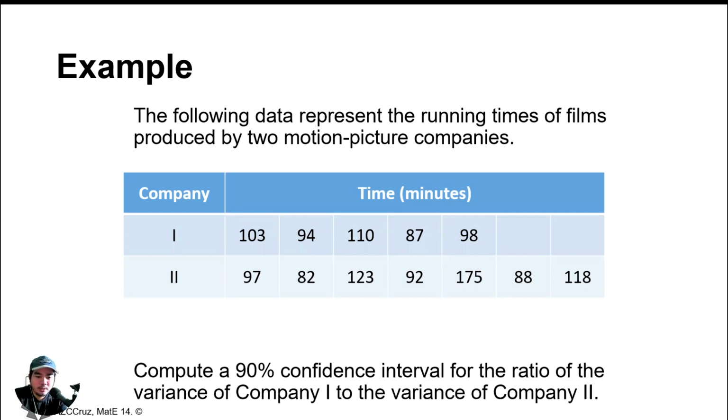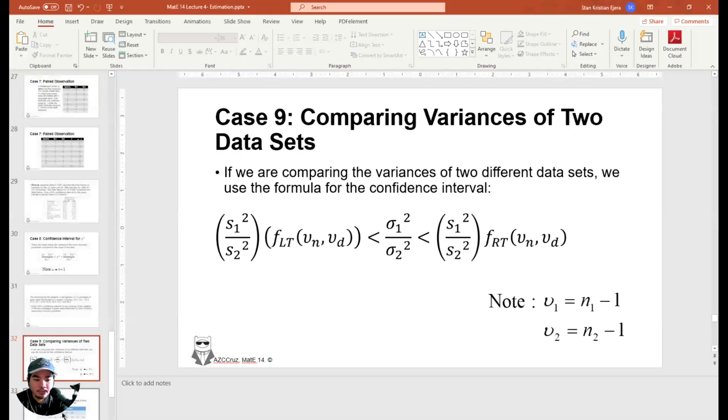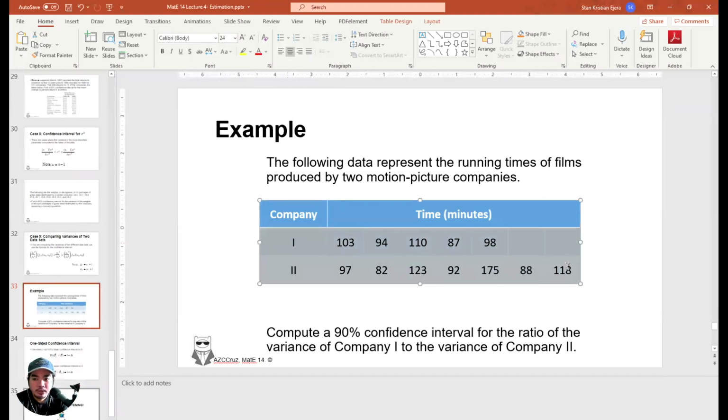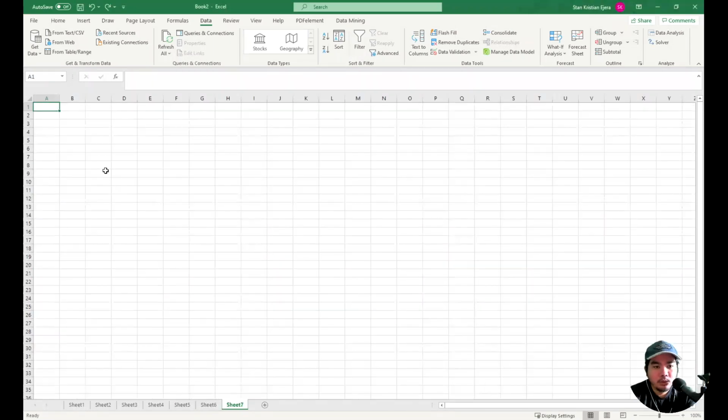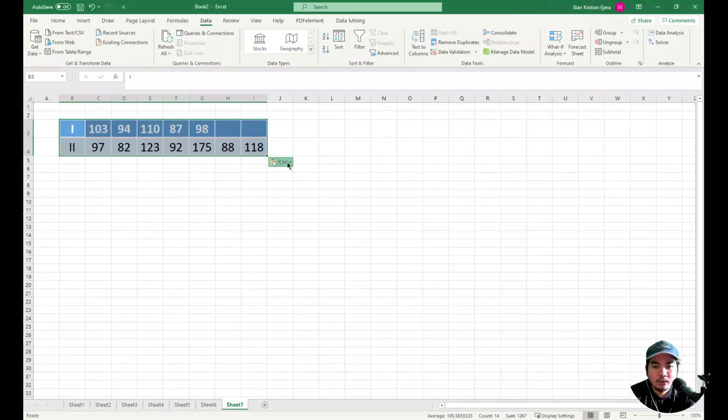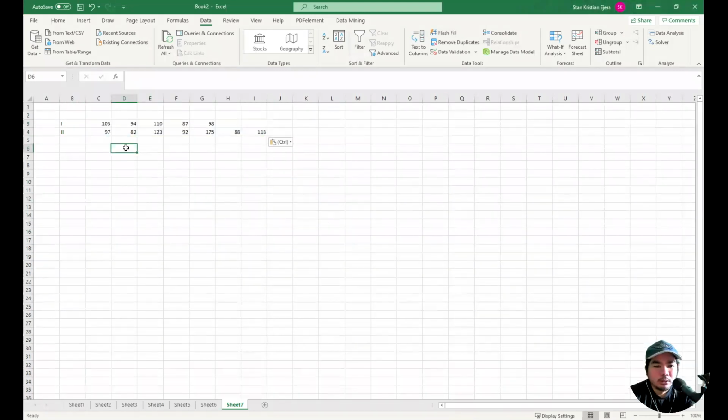This is the same example as before, the two companies. We want to compare the two variances.